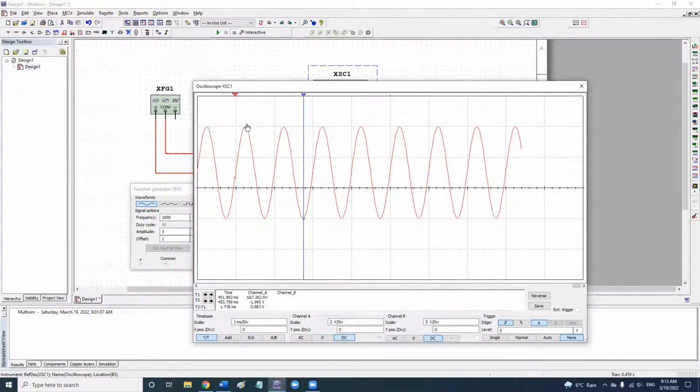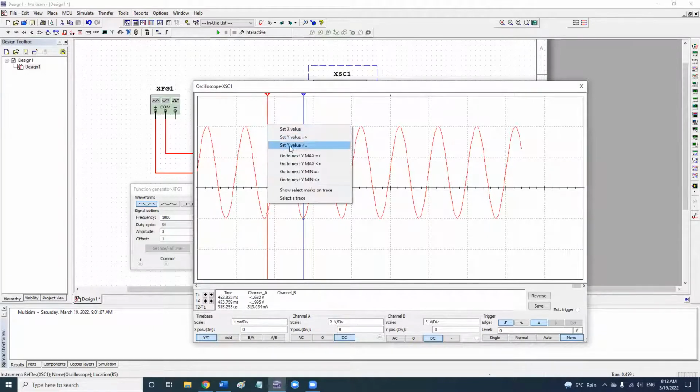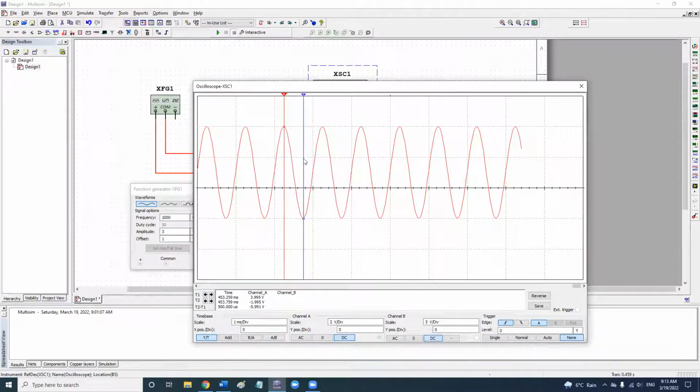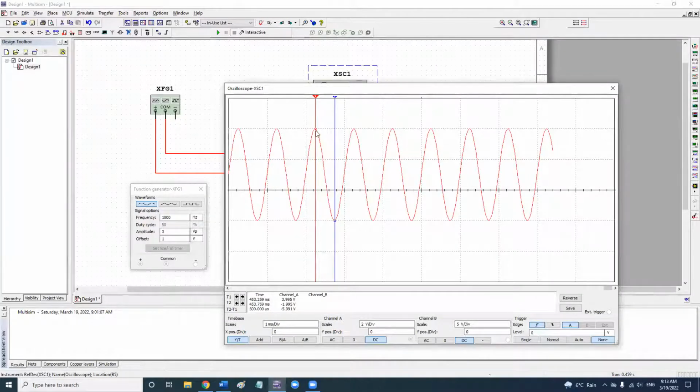Then the other one we can do is grab it and go to the next max. One of the questions on the prelab is asking you to find something like this. For the sine wave like this one, the maximum voltage you can have is 3.995 volts.